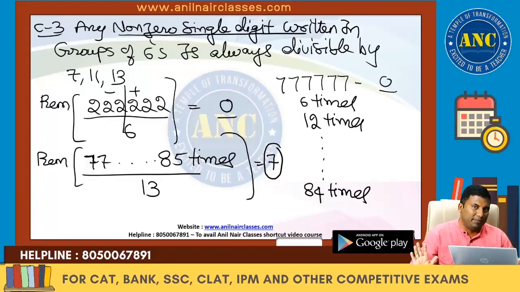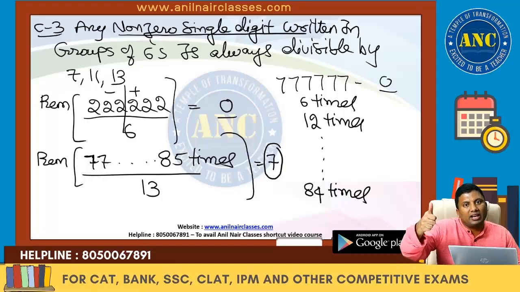Are you all with me? I hope this idea is clear. 7, 11, 13 is the basic foundation. Slowly I will scale it up. 3 important concepts. Start from right hand side. Take a group of 3 digits. Alternately add and subtract. That is the divisibility rule for 7, 11, 13.